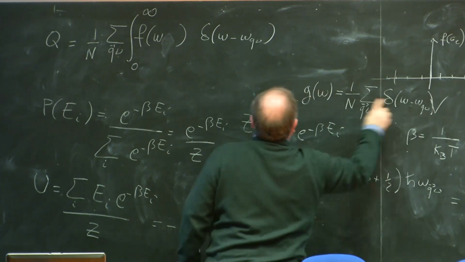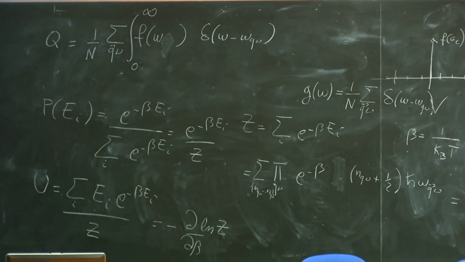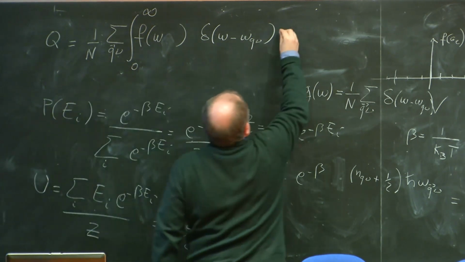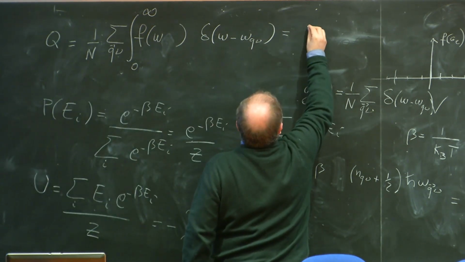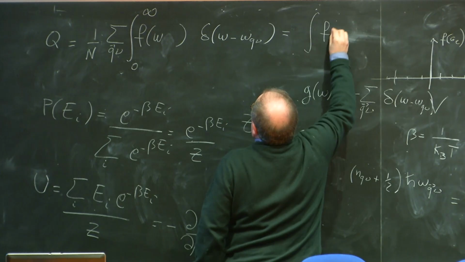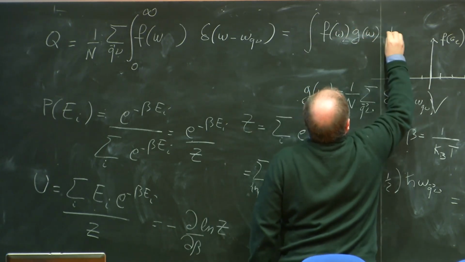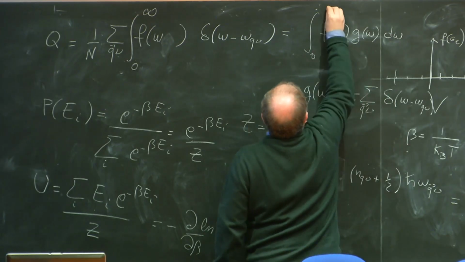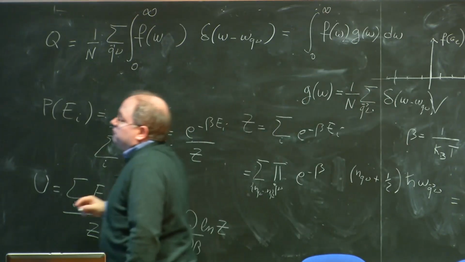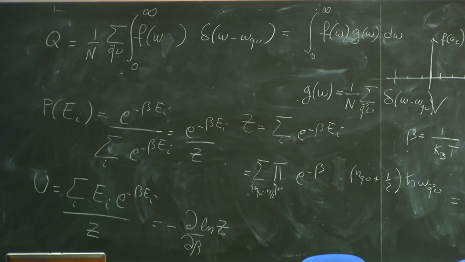So once we have the frequencies, we can do this sum over the Brillouin zone only once, obtain the vibrational density of states, and with this function, the quantity Q is equal to the integral of f of omega, g of omega, d omega, from 0 to infinity. And with a formula like this, we obtain the free energy.